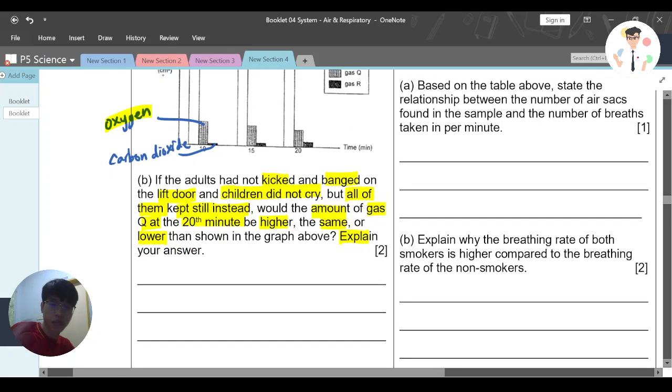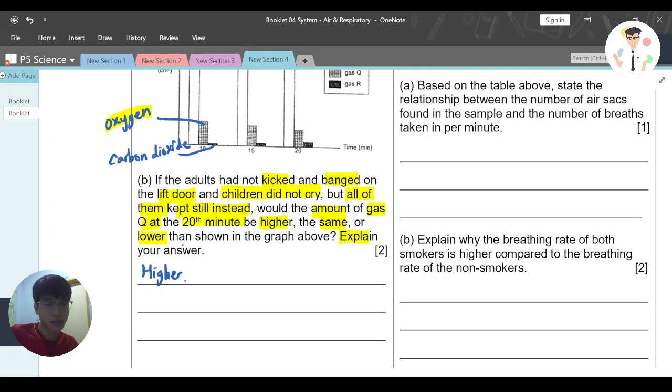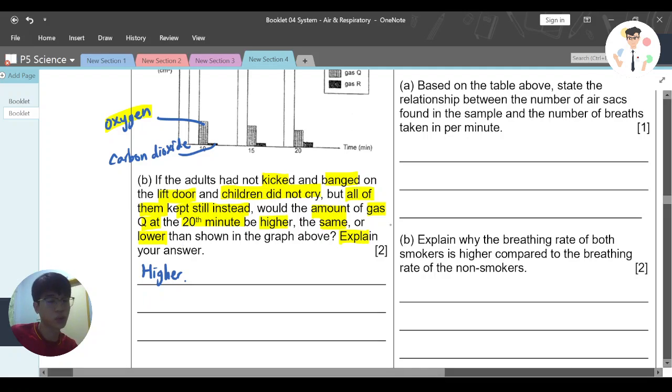And I believe you should have an answer in your mind, and that should be higher. Which means that if the adults choose to sit still, instead of kicking and banging, and the children don't cry, actually there will be more oxygen left. It means that they will take in less oxygen.